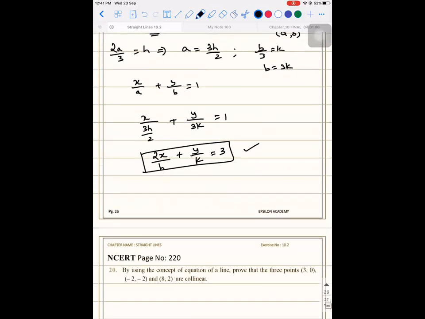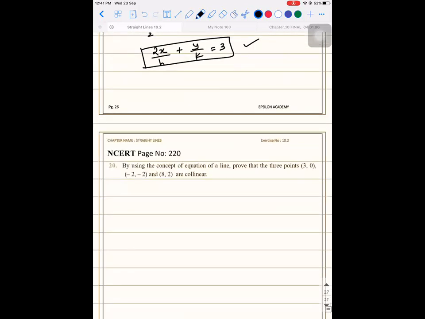Okay. The last problem is, by using the concept of equation of line, prove that the 3 points are collinear. Means take any 2 points and write the equation of line using 2-point form.